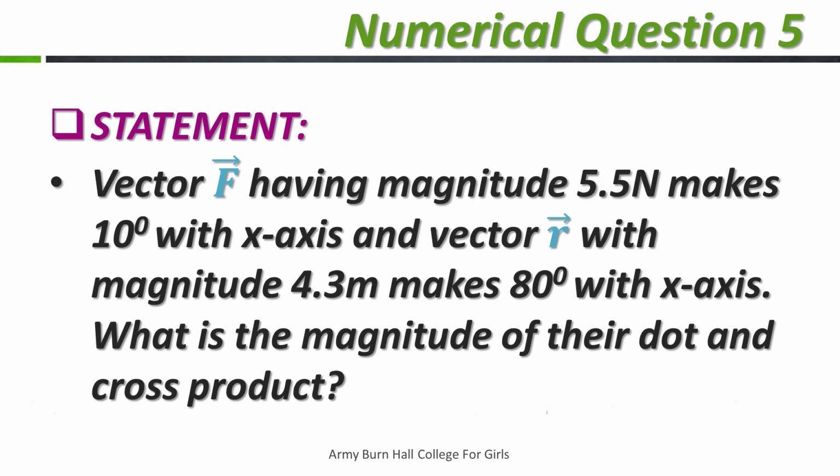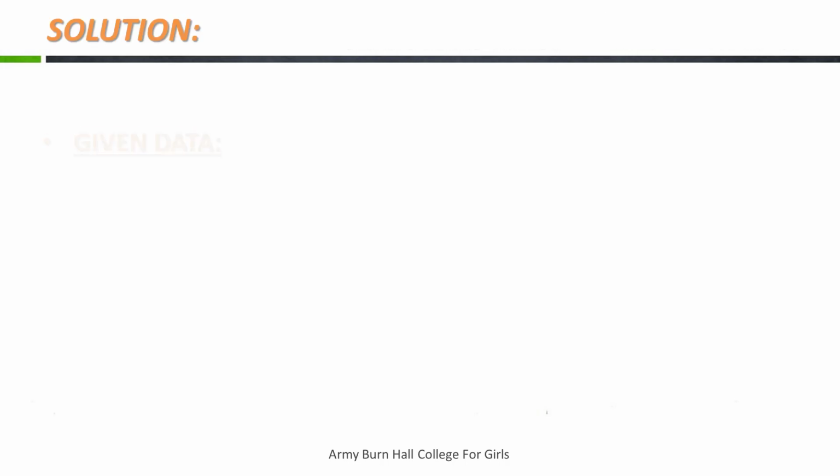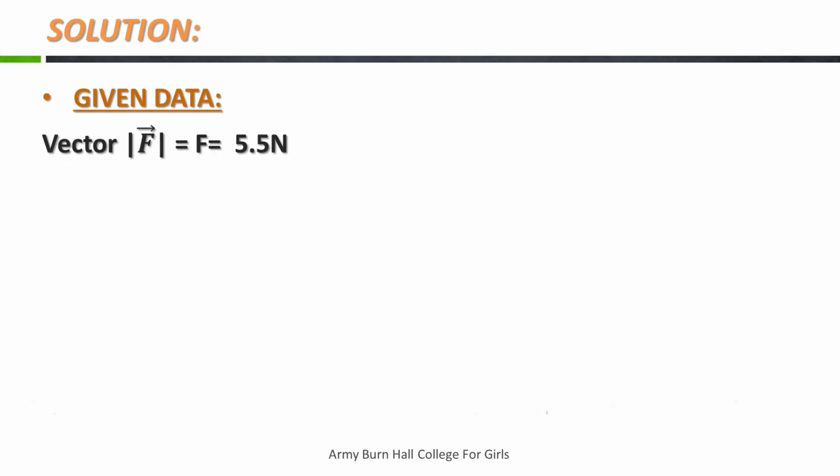It is exactly similar to the example which we have already done. We have two vectors, their angle and magnitude are given, and we have to calculate their dot and cross product. We will follow the same format of solving the numerical. Given data: vector f, magnitude of f is given as 5.5 newtons.